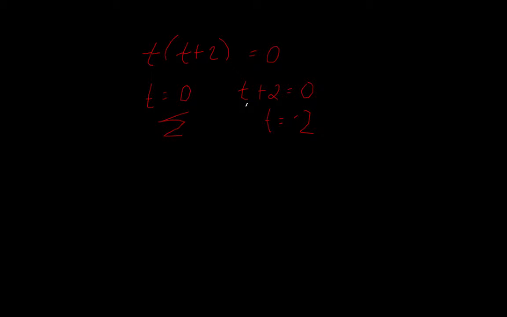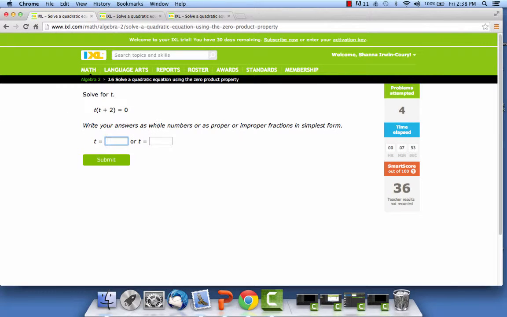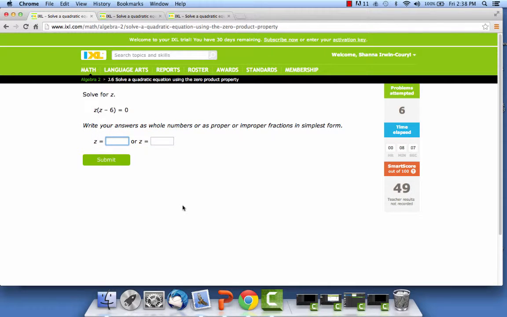T equals 0 is a solution because the t is sitting out there. So 0, negative 2. Negative 7, negative 6. The z is sitting out there by itself, so z equals 0 is one. Positive 6 is the other one.